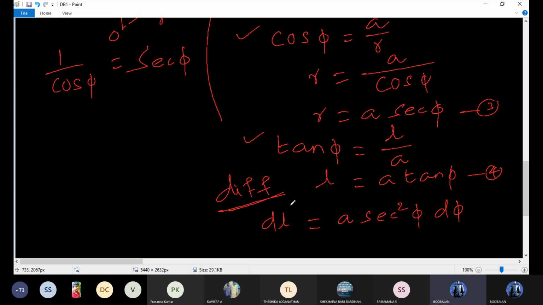Doing the differentiation, dL equal to A tan phi means you will get secant square phi d phi. So kindly refer to the mathematics terms. Now we are applying all the values.